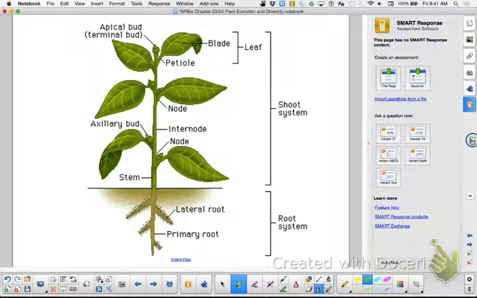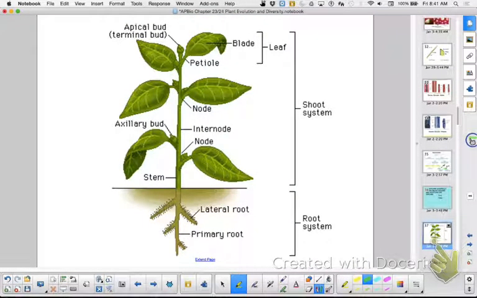All right. So, just get an overview of plant parts. Why don't we have the oldest bio buddy take care of everything above ground, the shoot system, and the youngest bio buddy, you take care of the root system. Go ahead.